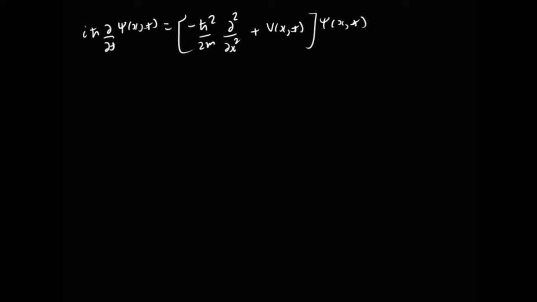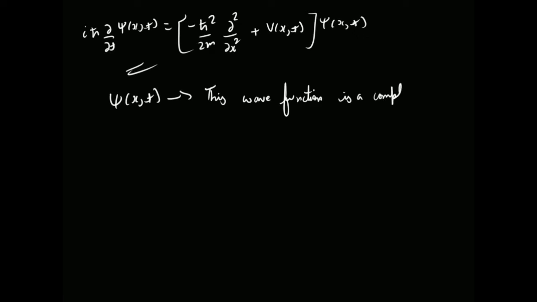So we had this equation, the Schrodinger equation. One thing about this wave function psi of x,t that is important for you to understand is that this wave function representing the quantum particle is a complex quantity.